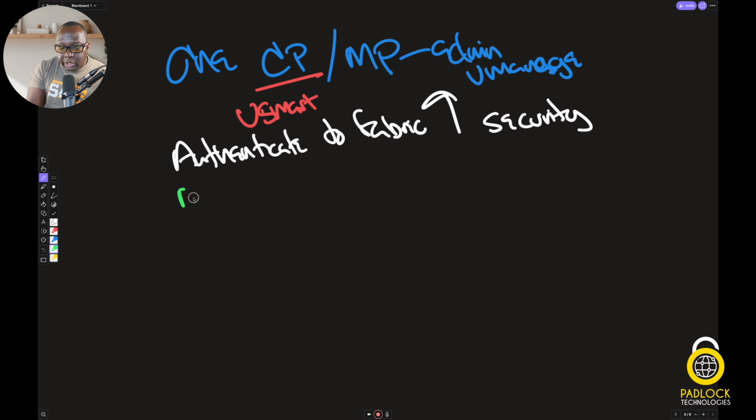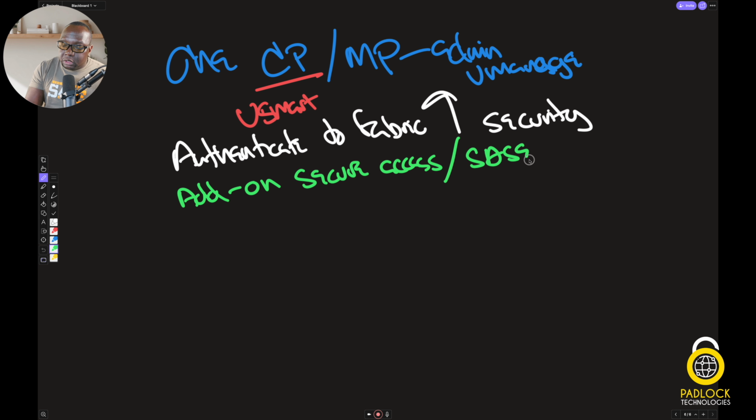You can add on secure access, aka SASE, and that will equal secure SD-WAN, right?